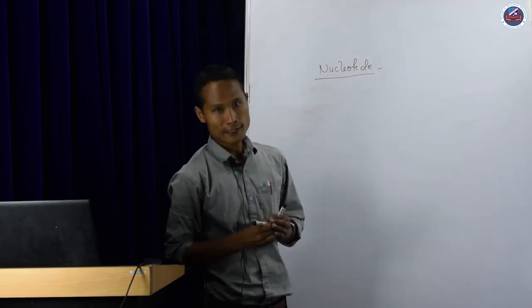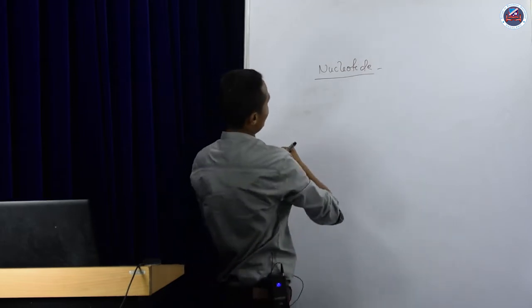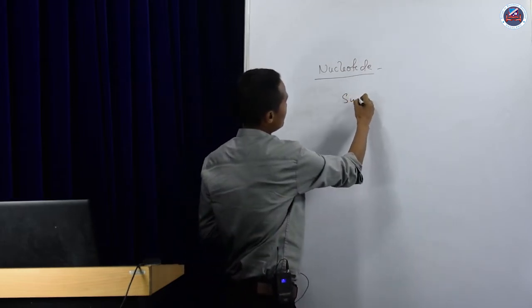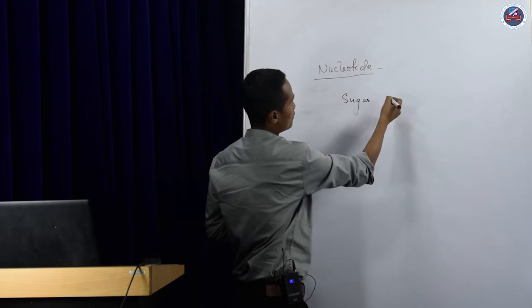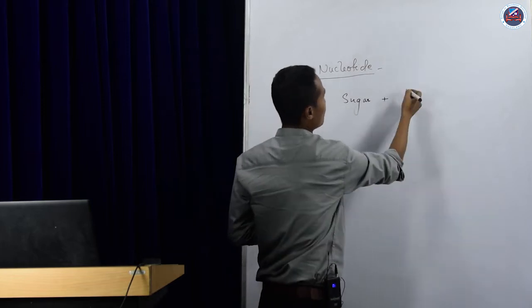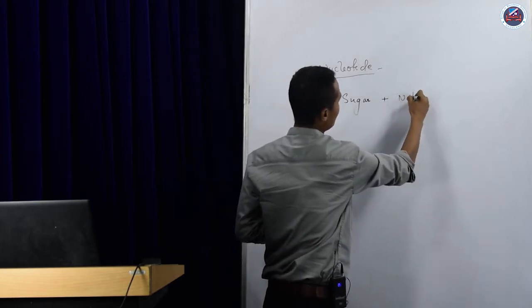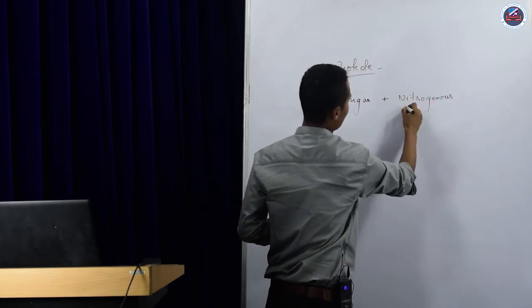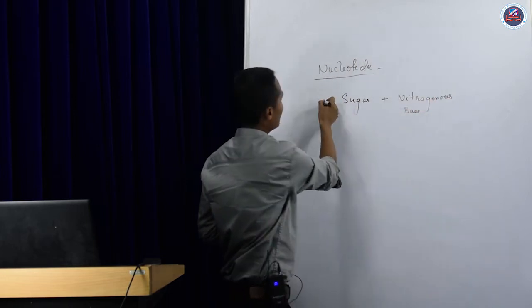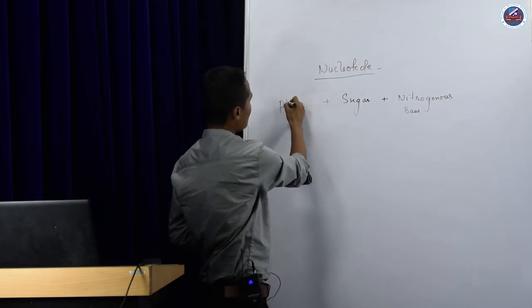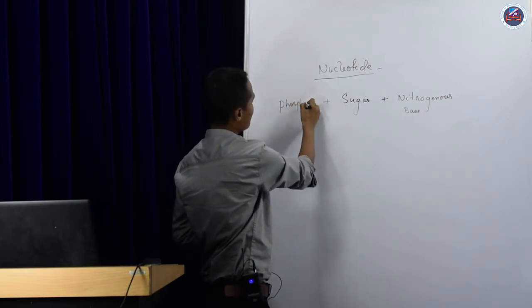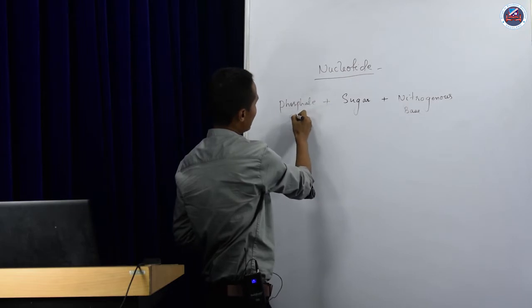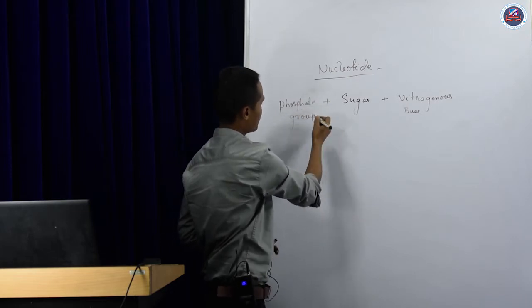So a nucleotide is a sugar, a nitrogenous base, plus a phosphate group, or you can say phosphoric acid.